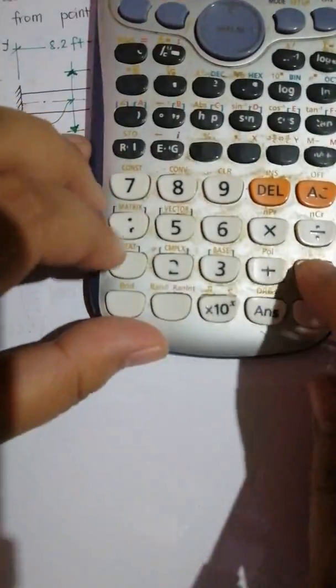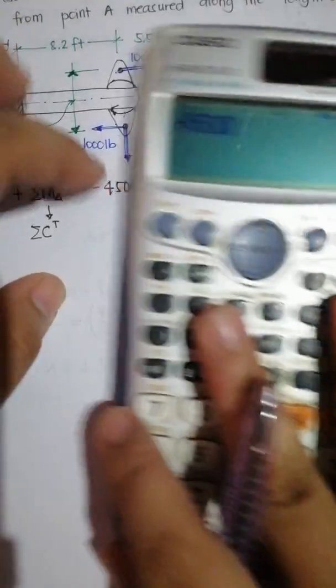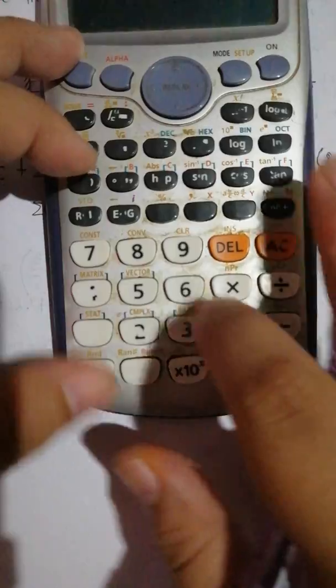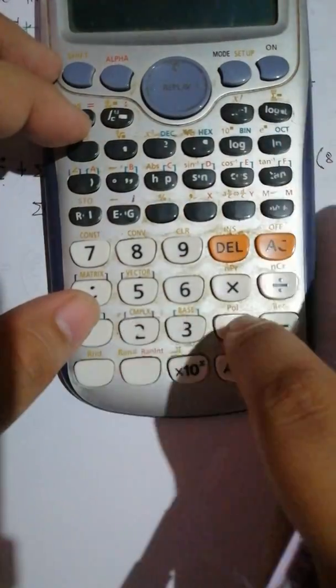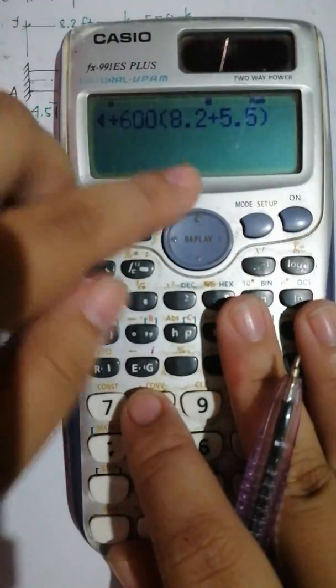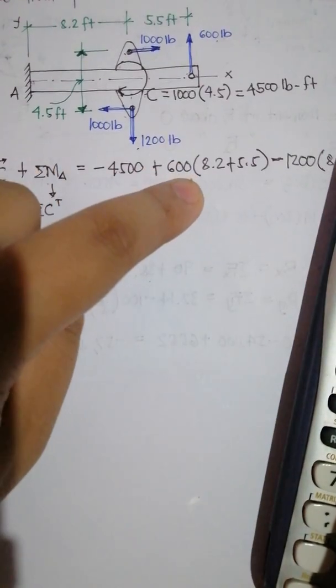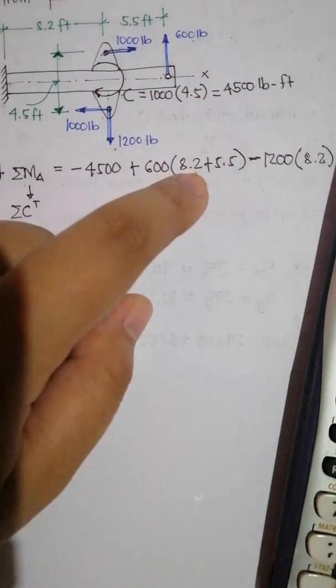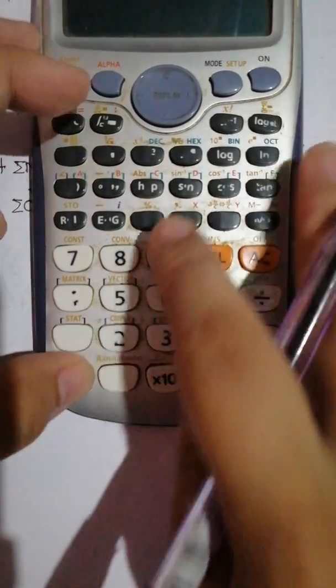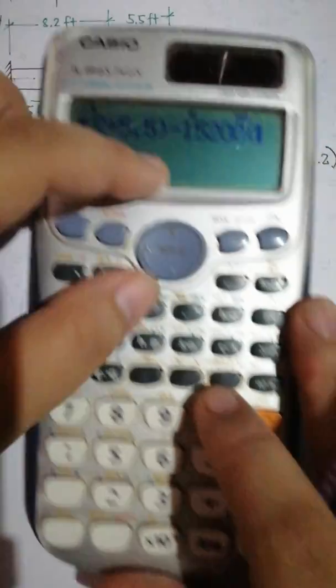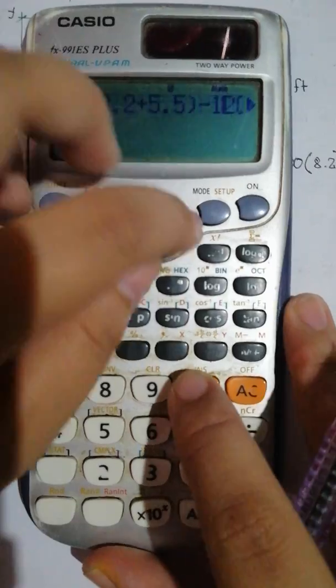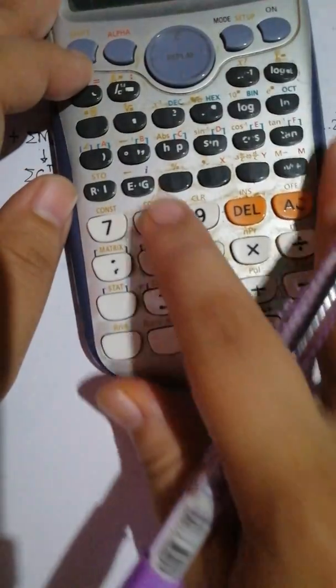We'll add everything. Okay, negative 4,500 plus 600 times (8.2 plus 5.5), and then negative 1,200 times the distance 8.2.